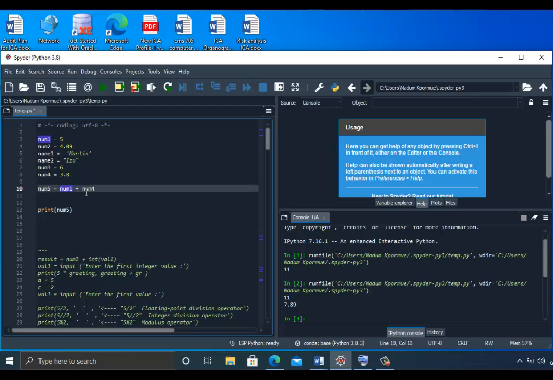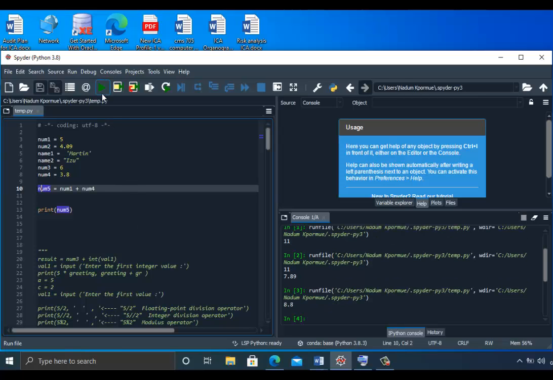So this operand is a floating point, this operand is an integer, then the identifier that the result of this operation will be stored in is of type integer. Let's see what the result would be. So I'll run the program, and what do we have there?